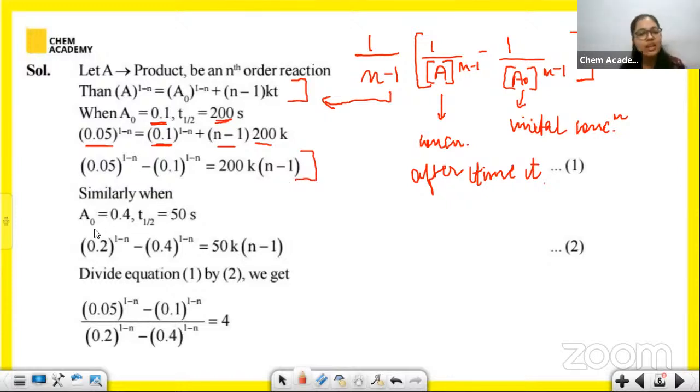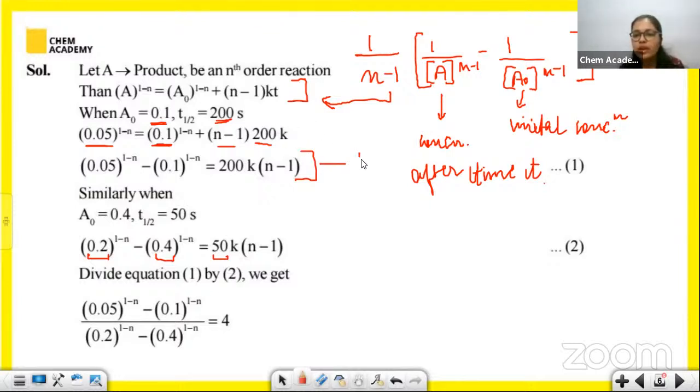Similarly, we had another initial concentration of 0.4. The half life time for that was 50 seconds. Again, we will substitute the value in the general equation. Here, we put the value for time, and again this is the concentration after half time. So half of 0.4 will be 0.2. We will divide these two equations.